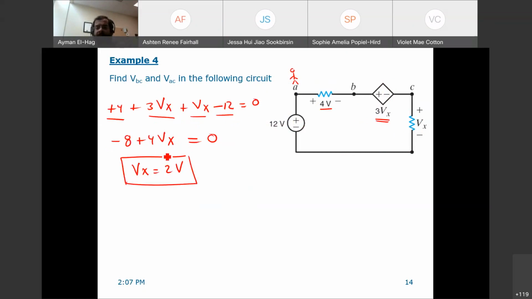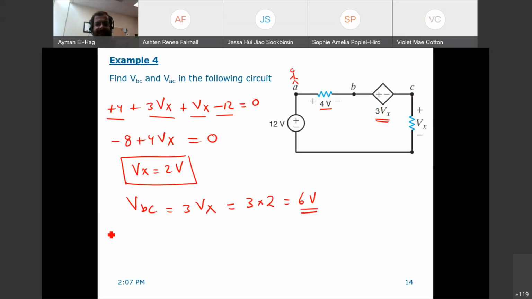Now, I want to find the voltage VBC, the voltage between B and C. The voltage between B and C is the 3Vx. But the 3Vx, we know the Vx, this is equal to 3 times 2, which is equal to 6 volt.